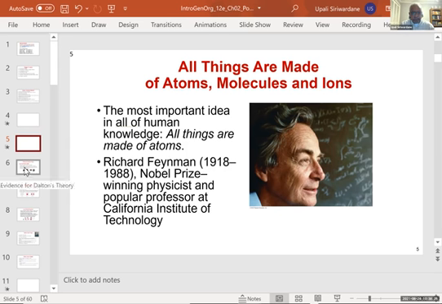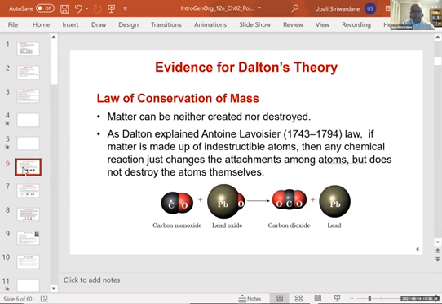So how did we come up with the idea that all things are made out of atoms, molecules, and ions? This idea was developed throughout history and culminated in Dalton's atomic theory. All matter is made out of atoms is an idea that Dalton's atomic theory proposed.